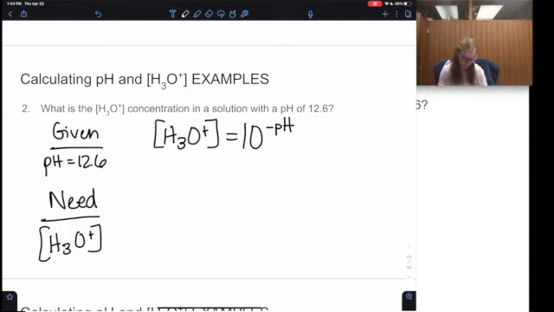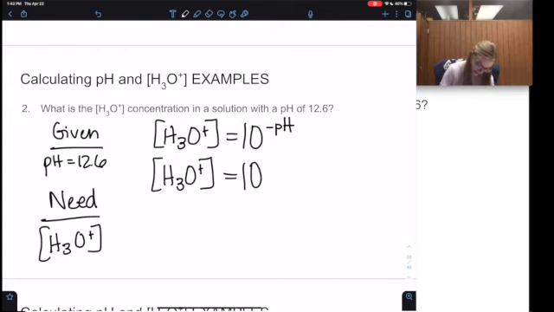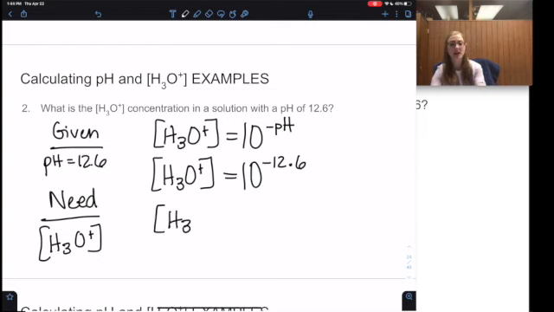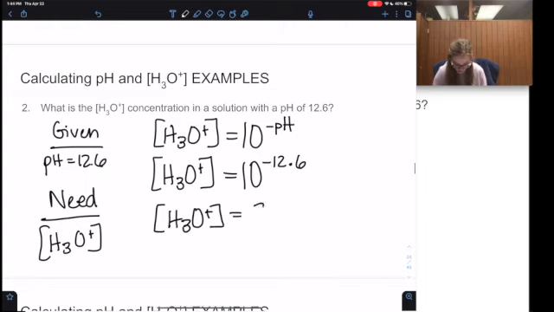So let's plug in and solve. Concentration of H3O+ equals 10 to the minus pH. Here my pH is 12.6, so that's 10 to the minus 12.6. Pretty straightforward. So then I eventually see that my concentration of H3O+ equals 2.51188643 times 10 to the minus 13.